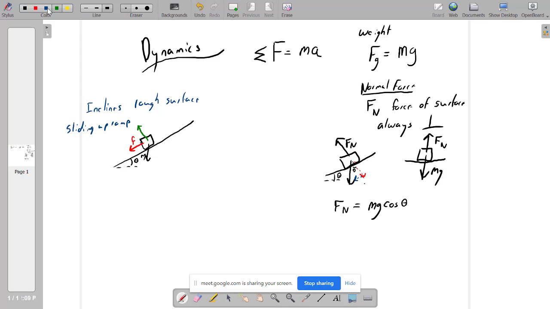Now here's the common error, and I get this a lot. It's the most common error. I have all my forces, and someone will say, oh, it's sliding up the ramp, so it has to have some kind of force pushing it up the ramp. Well, that's not the case. There's no force pushing it up the ramp.